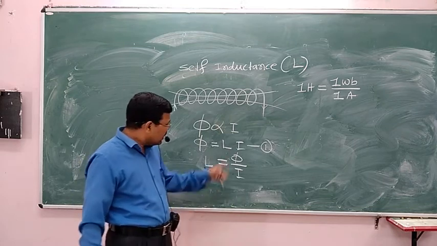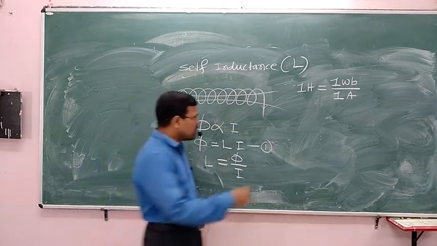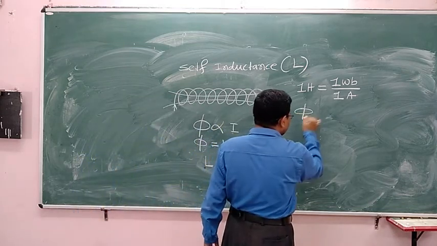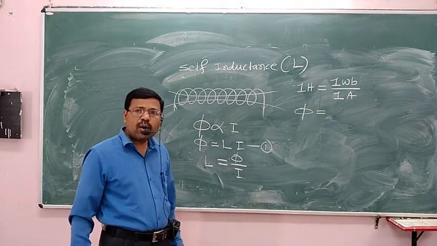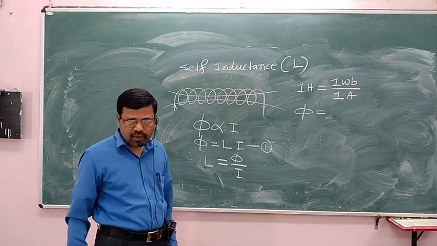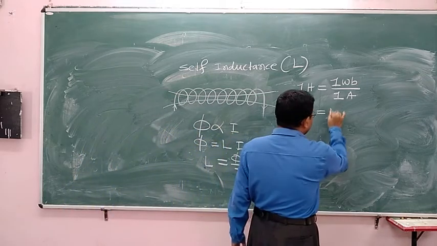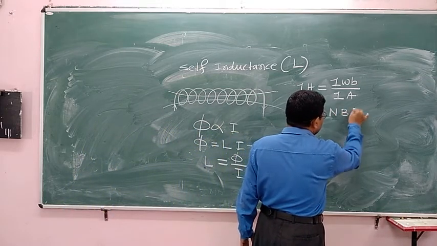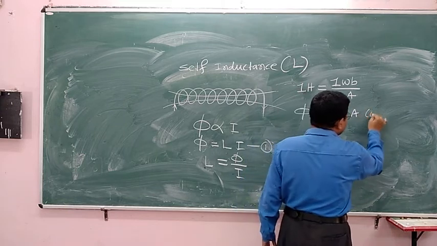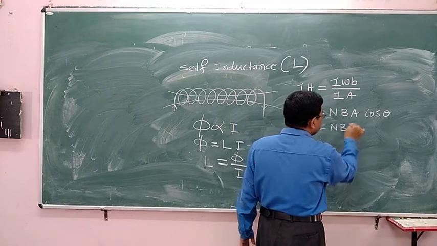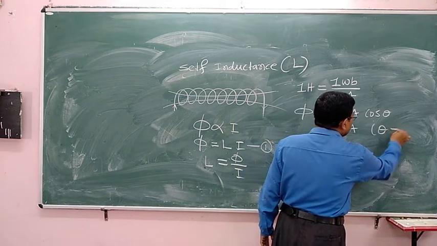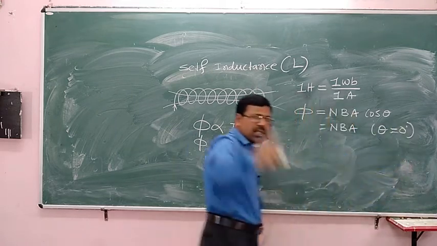Then magnetic flux can also be defined as B dot A, BA cos theta, or N B A cos theta, or this is equal to NBA, because theta is equal to 0 degrees. What is theta?